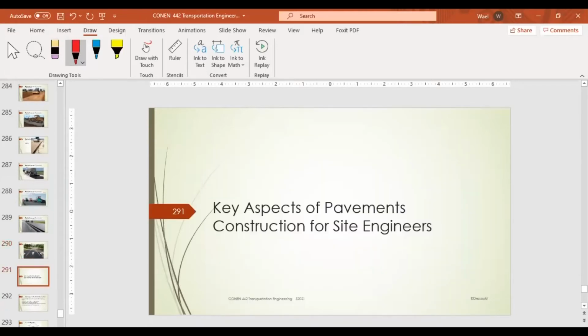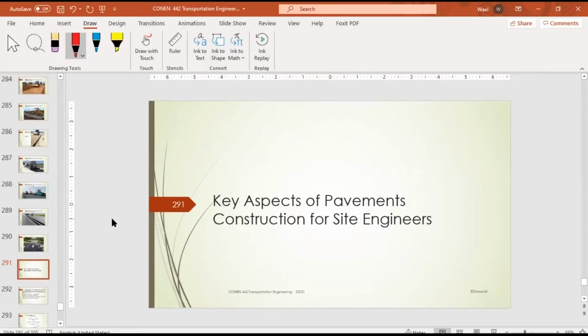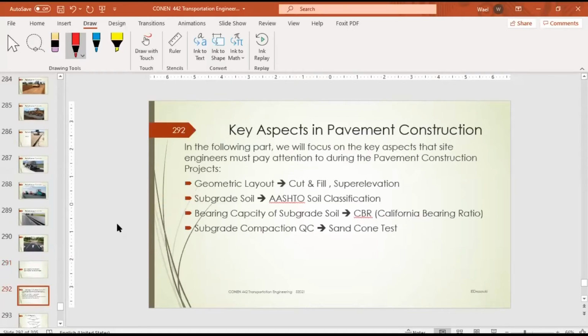Now we have some key aspects in pavement construction, specifically for site engineers, that they need to pay attention to. First of all, these are the geometric layout. You have to pay attention to cut, fill, and super elevation.